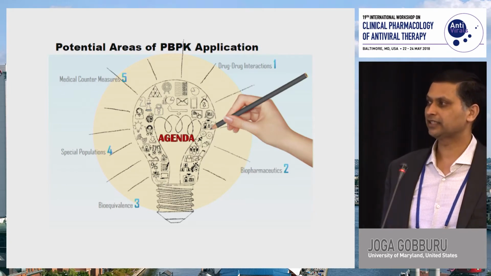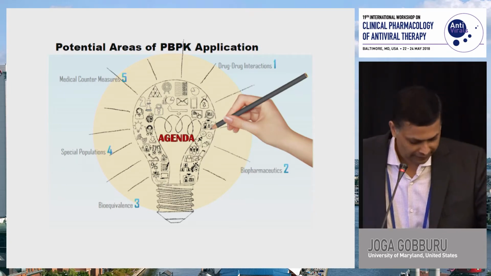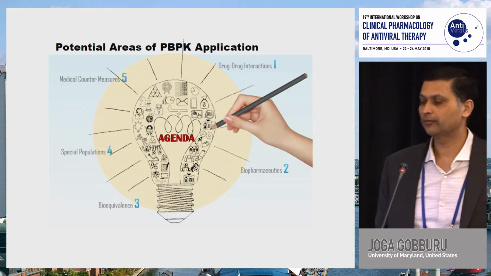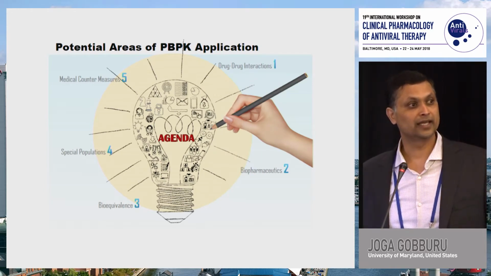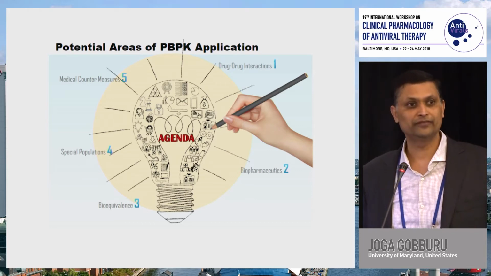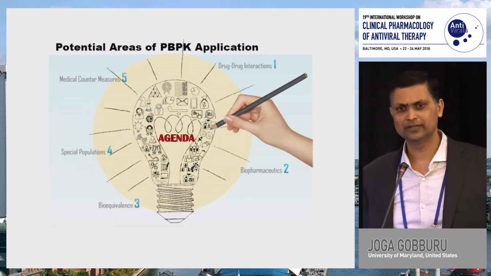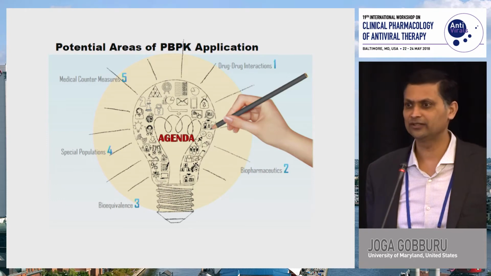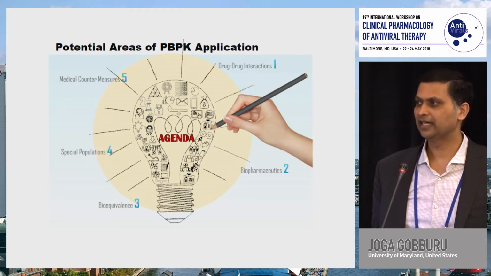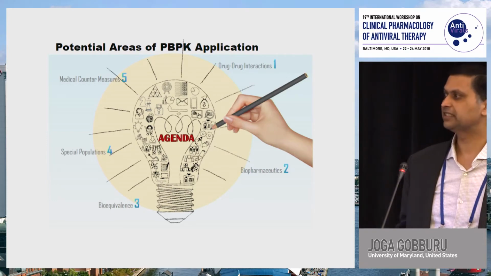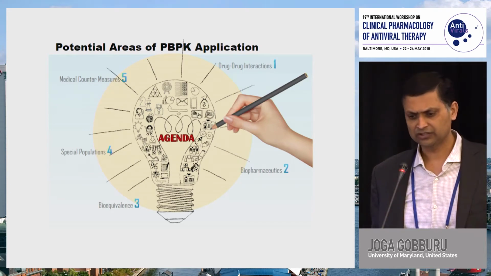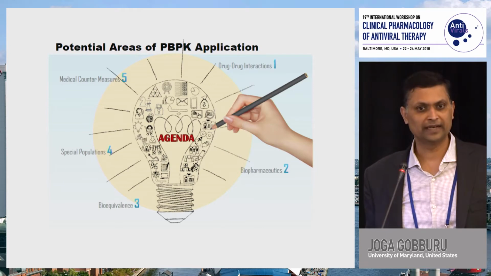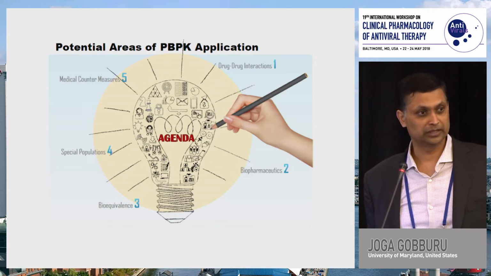So drug-drug interactions, why do we need that? These are surrogates for potential safety concerns that may occur in the clinic, but you will not be able to do efficacy safety trials. We have agreed as a community to look into pharmacokinetics in a very well-controlled manner and then see if there is a need for dose adjustments or some kind of labeling instructions on what to do when you have the potential co-administration of other drugs.